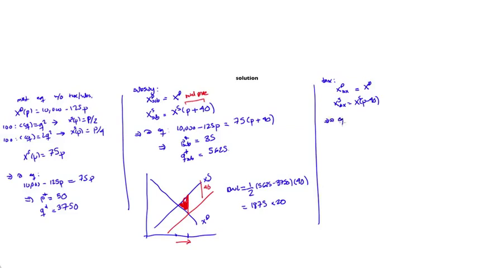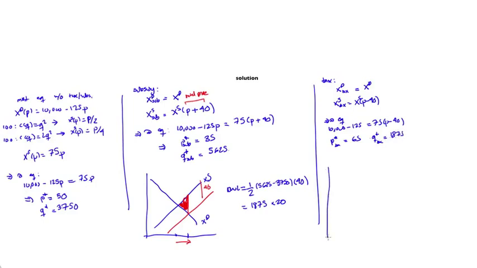This implies at equilibrium that 10,000 minus 125p is equal to 75 times p minus 40. And if you compute the equilibrium, you get that P star with the tax is equal to 65, and quantity star with the tax is equal to 1875.